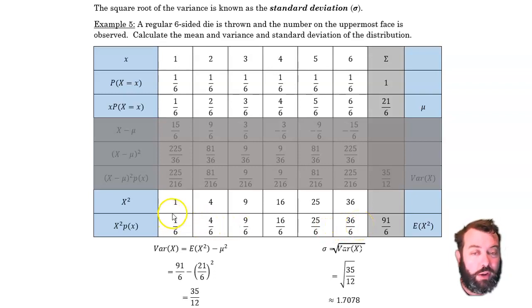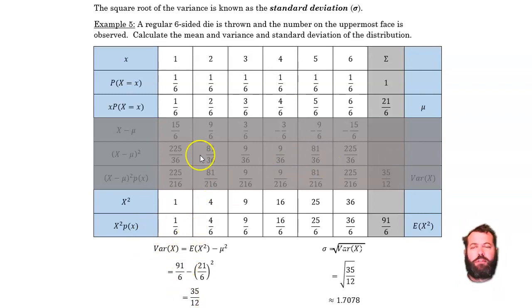Because we're squaring things as opposed to doing subtractions, right? They are more likely to end up as fairly neat numbers, and that's one of the big reasons for doing it that way. So just a reminder there, we squared the values, then we weighted them, multiplied them by the probability, added those up, and subtracted the square of the mean.